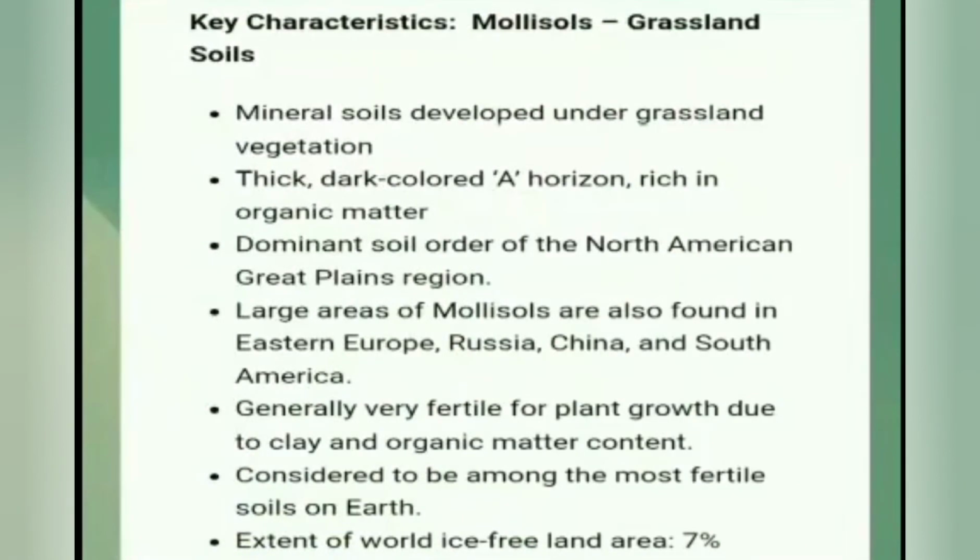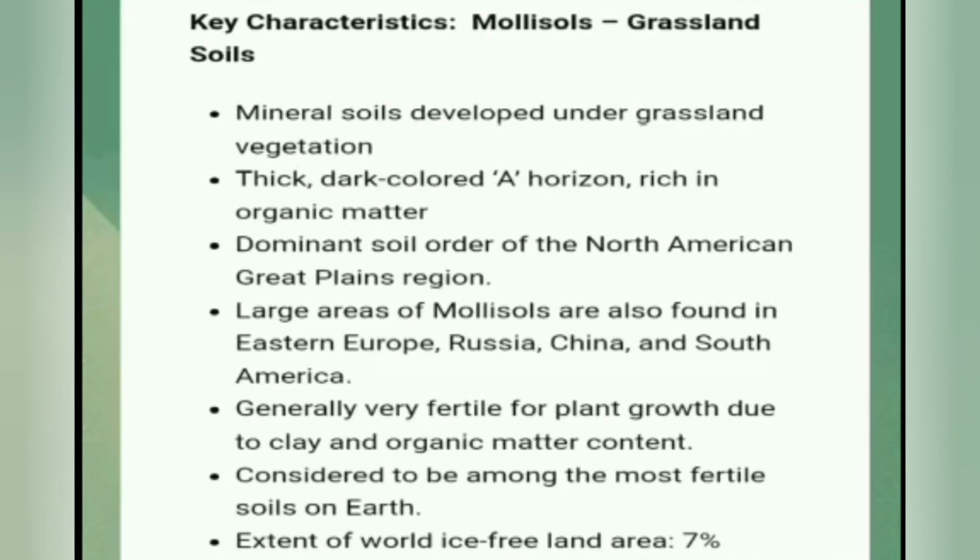Key characteristics of mollisols: grassland soils. Mineral soils develop under grassland vegetation. Thick, dark-colored A horizon, rich in organic matter. Dominant soil order of the North American Great Plains region.